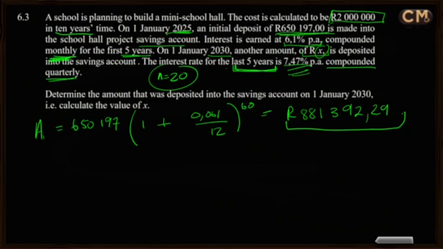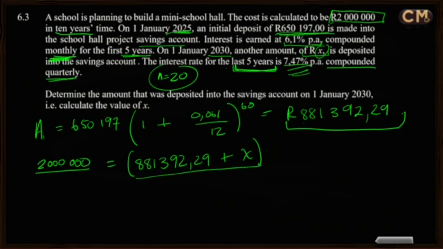So remember, we have 2 million rand that we get at the end of this period, so we know what our final amount is, and then our new principal amount is 881,392 rand and 29 cents, but we add some amount X to that to make up this entire new principal amount.